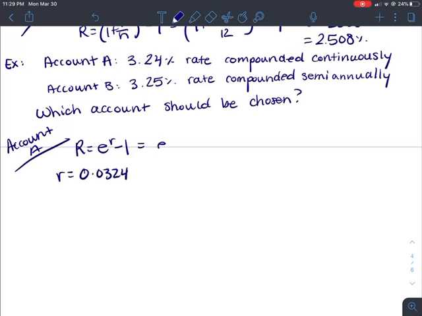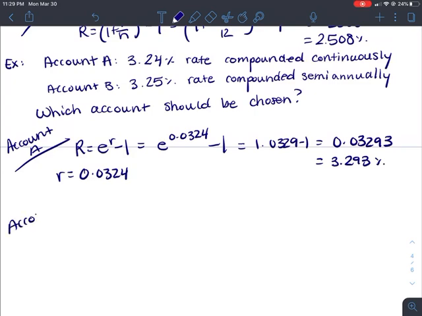Okay, so I'm going to get e raised to 0.0324 minus 1, which gives me a value of 1.0329 minus 1, which is 0.03293, and then that gives you 3.293%.